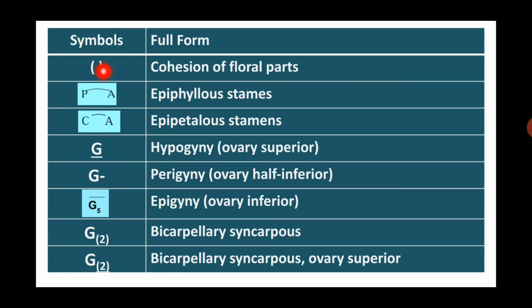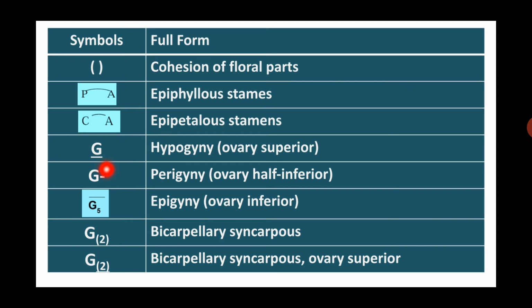Parenthesis or bracket represent cohesion of floral parts. What is cohesion? Cohesion means union between the unit members of same whorl. That means union between sepal and sepal, union between petal and petal, union between stamen and stamen is called as cohesion. Then P and A and arc, that is called as epiphyllous stamens. C and A and arc, that is epipetalous stamens.